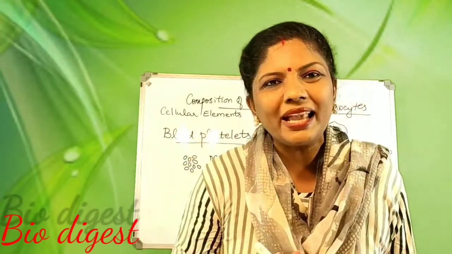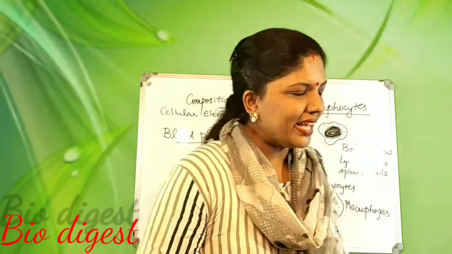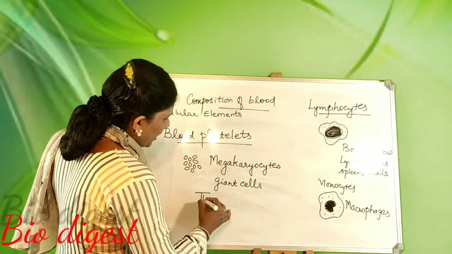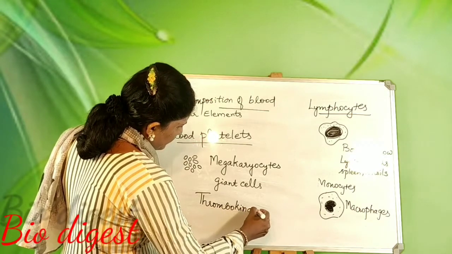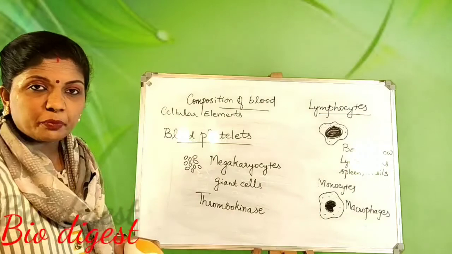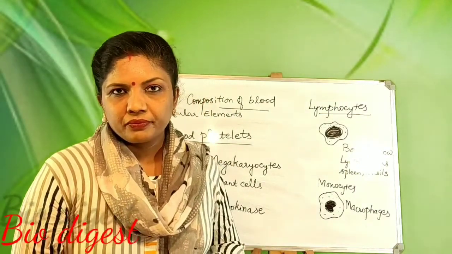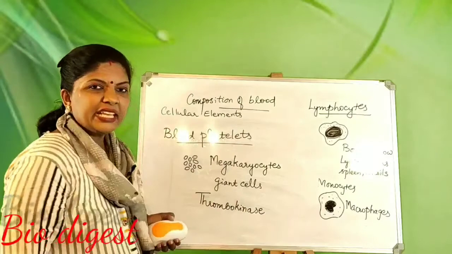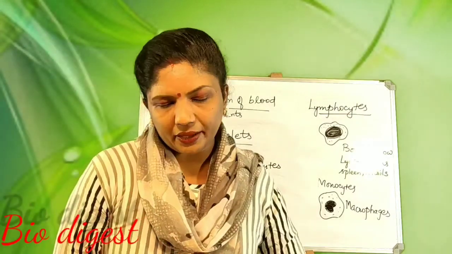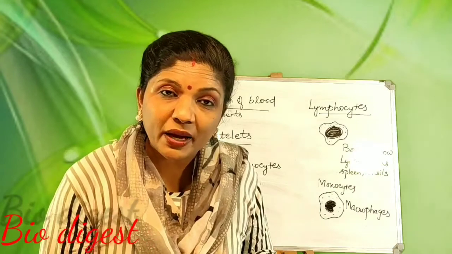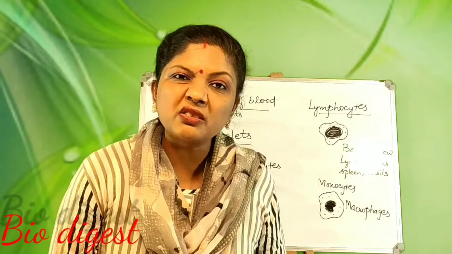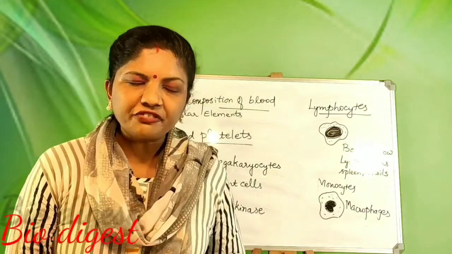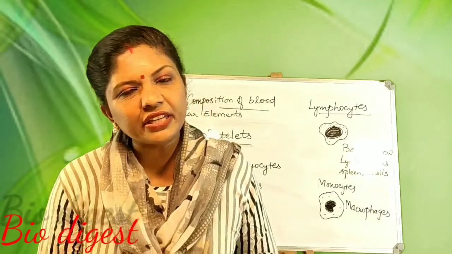At the site of injury, the blood platelets disintegrate to release a chemical substance called as thrombokinase, which actually brings about the process of blood clotting. That is why these are called as the initiators of blood clotting. What is the lifespan of a blood platelet? The average lifespan is almost 3 to 5 days, after which again they are destroyed in the liver or in the spleen.